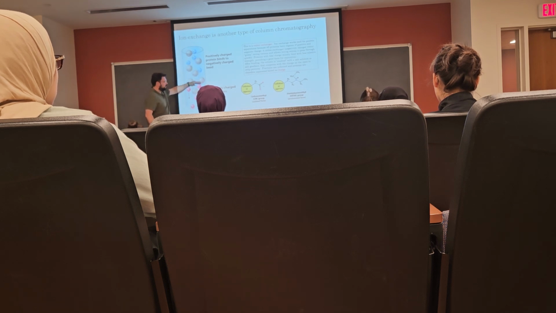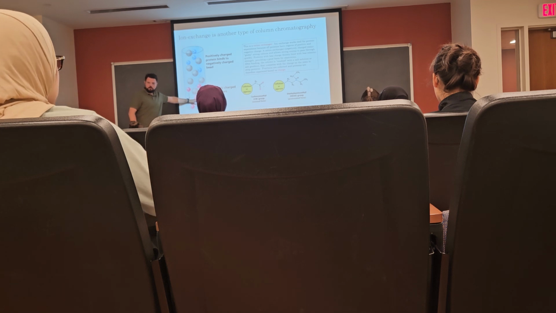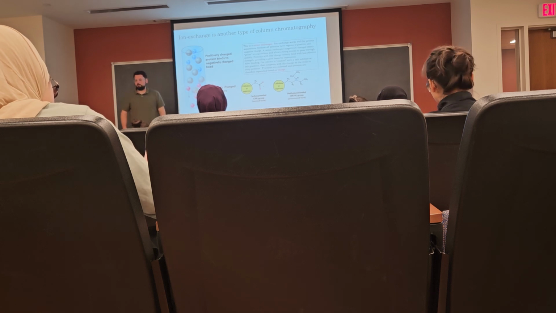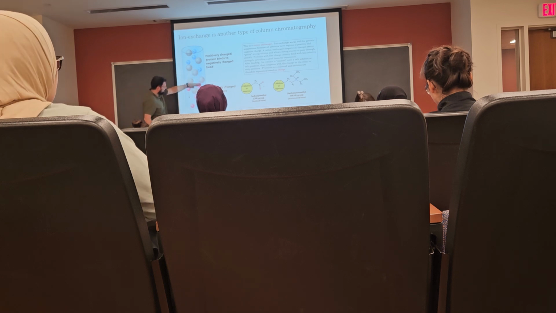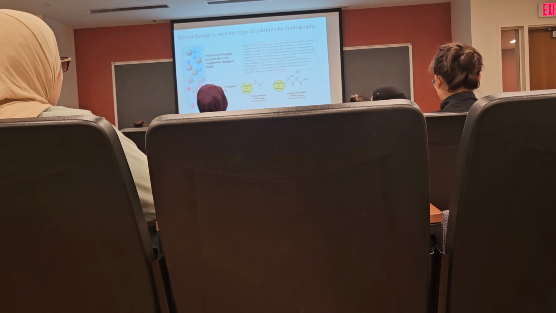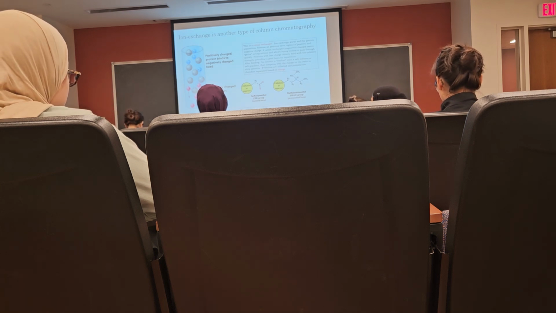They will not migrate through the column. But other things will. Negatively charged proteins obviously can't stick, since negative and negative repel, and neutral proteins also won't be attracted, so they will flow through. And that's what we call our very first fraction, our flow through.